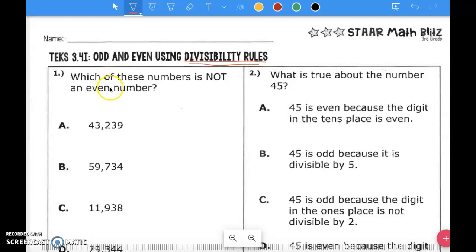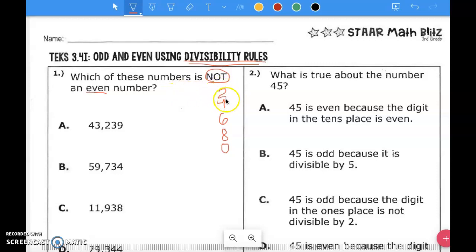So which of these numbers is not an even number? Even are all the numbers that end in 2, 4, 6, 8, 0. I don't care if it's 126,377, wait, 172,572.